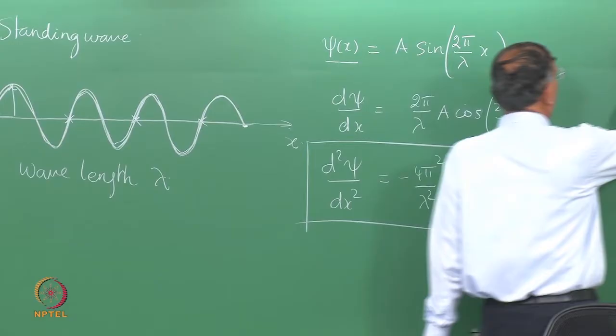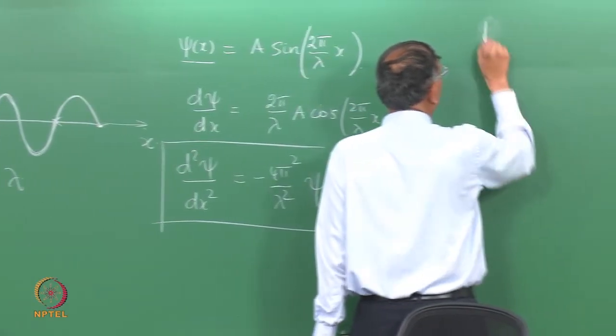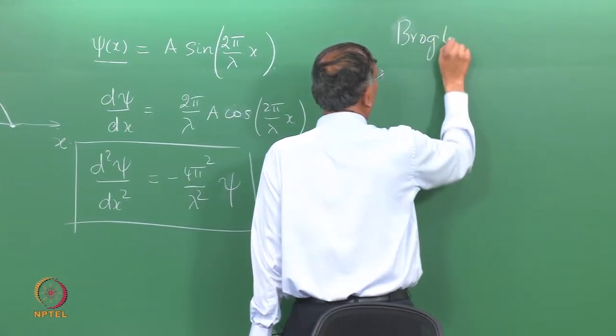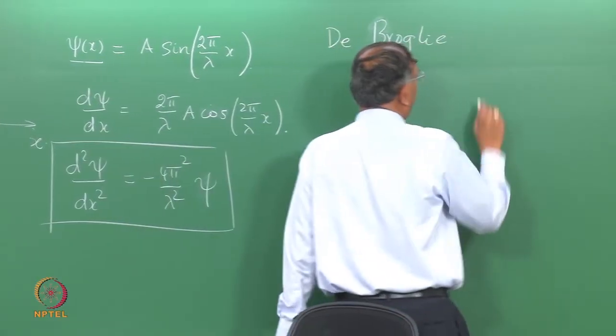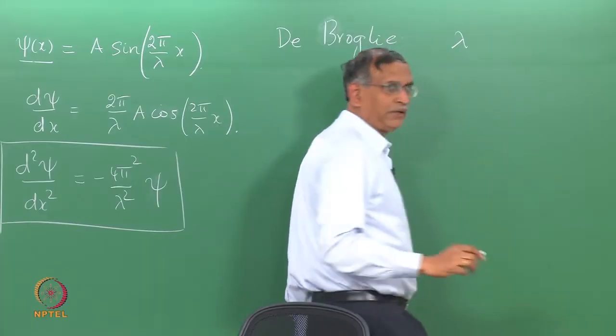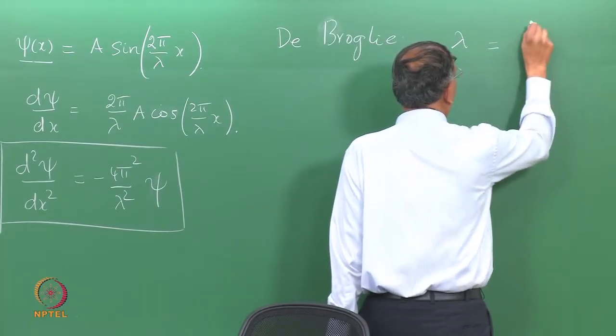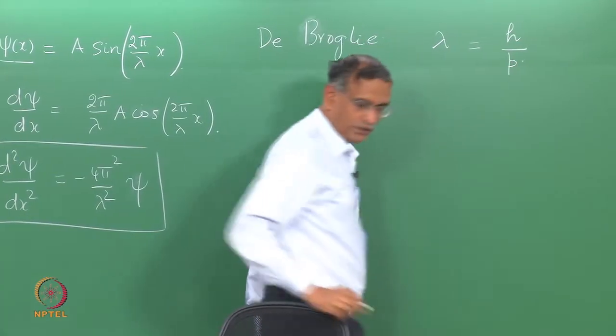Now, de Broglie, if you remember, in the lecture earlier gave an expression for the matter waves lambda in terms of the momentum of the particle.